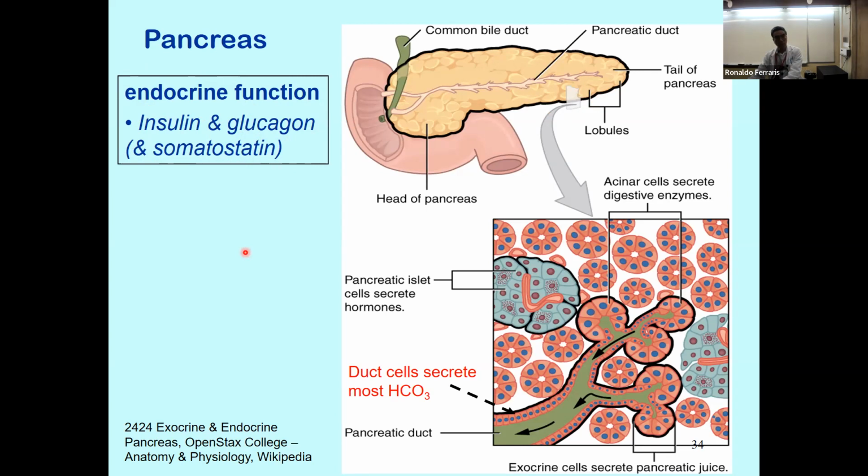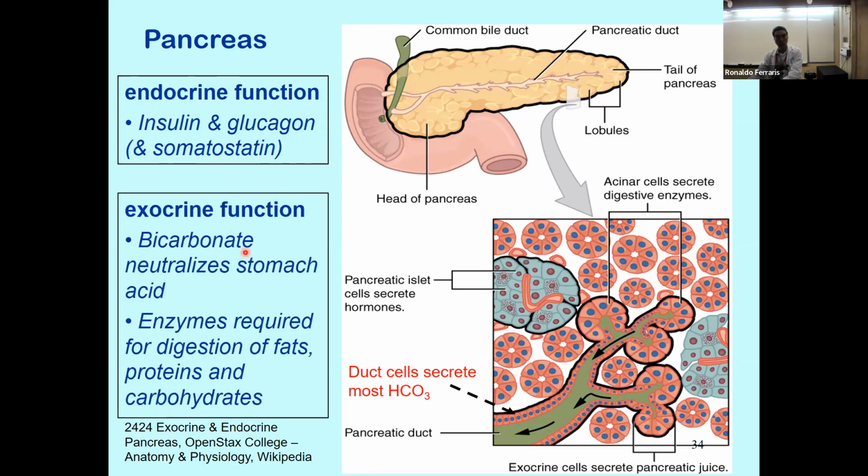The pancreas has an exocrine function, and the main exocrine secretion is bicarbonate, the aqueous secretion, and the organic secretions are mainly enzymes used for digestion of fats, proteins, and carbohydrates.